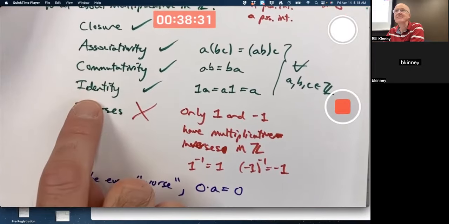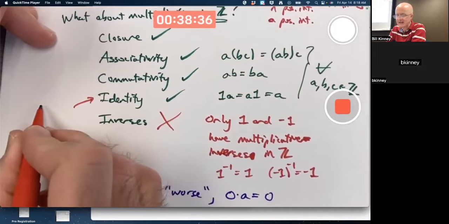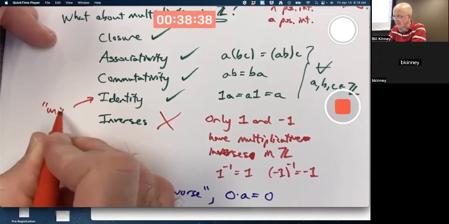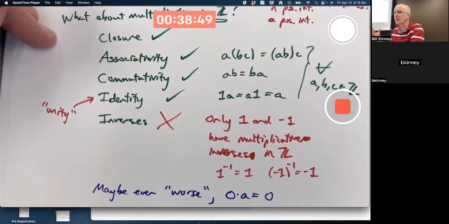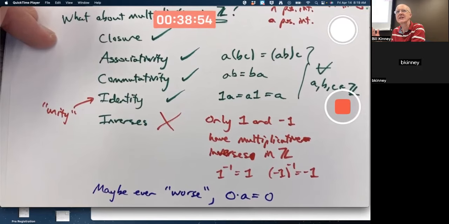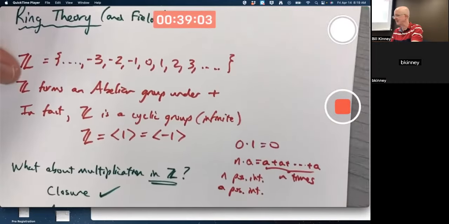It's got an identity. In ring theory, we call the multiplicative identity a unity. 0 is still the additive identity. And yes, you could say 1 is a multiplicative identity, but for emphasis, maybe for historical reasons, we call it a unity. A little strange, but we're used to strange by now, right? Unity.